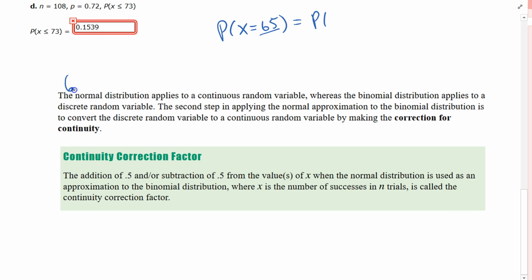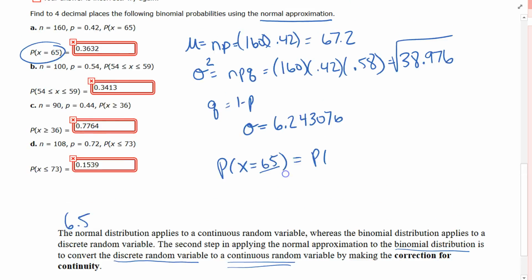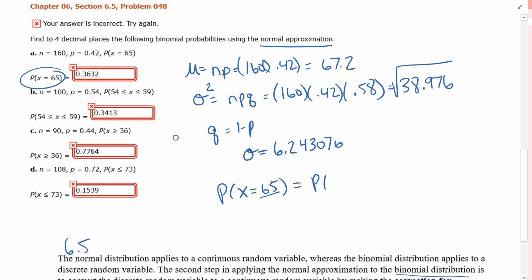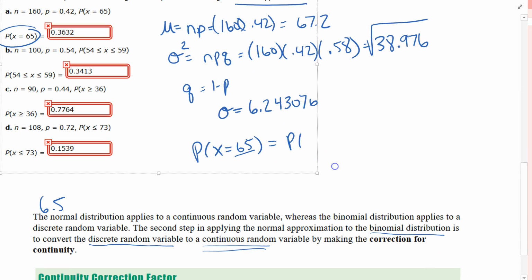From section 6.5, when we convert a discrete random variable into a continuous random variable, such as using the normal approximation for a binomial distribution, which is what we're doing in this problem, we have to add or subtract 0.5 depending on if we're looking for the area to the right or the left, less than or greater than. Here we're looking right at 65.